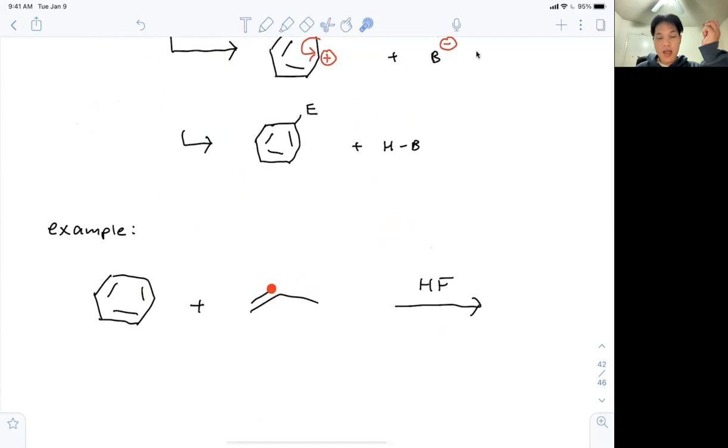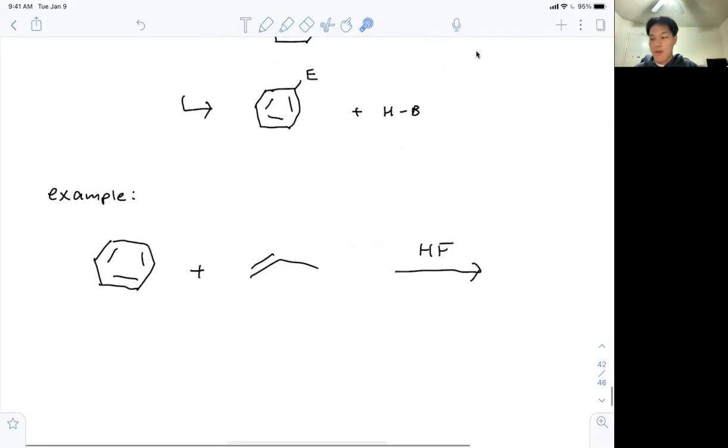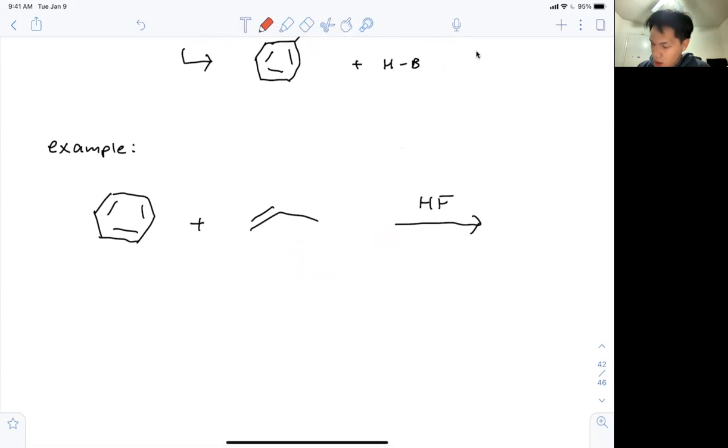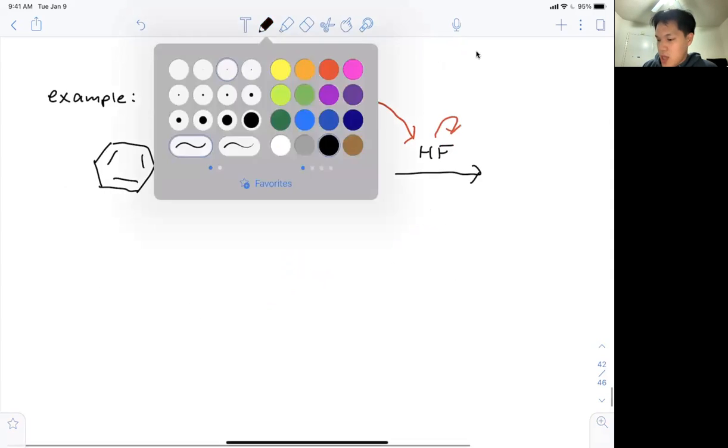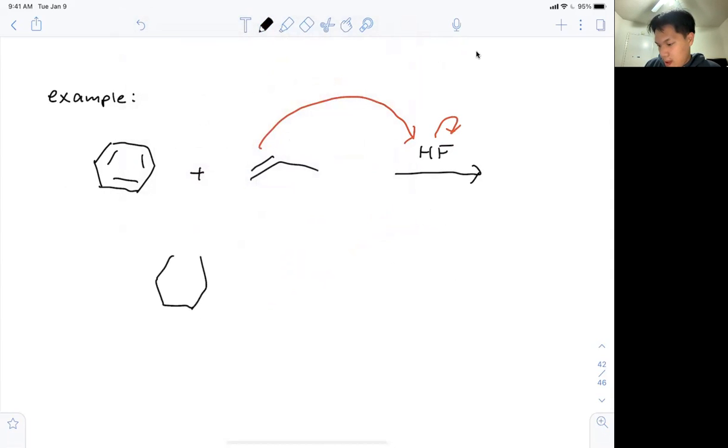But if we do this, this double bond attacks that hydrogen, then this will be a positive charge right here, right? A carbocation. So let's try to do that. That F bond is going to go to that F. And then we do it this way, right?